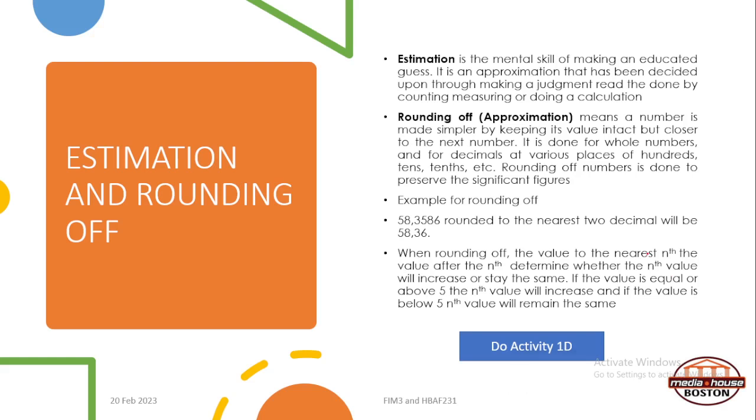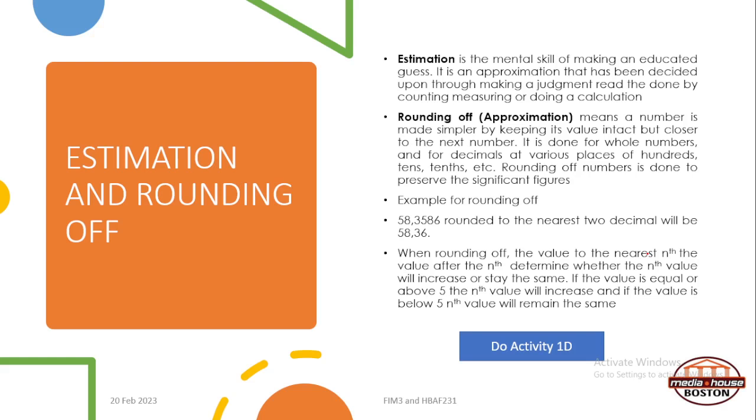So in terms of estimation and rounding off, here it says that estimation is the mental skill of making an educated guess. It is an approximation that has been decided upon through making a judgment, and then done by counting and measuring or doing a calculation. So let's take a look at how we estimate.